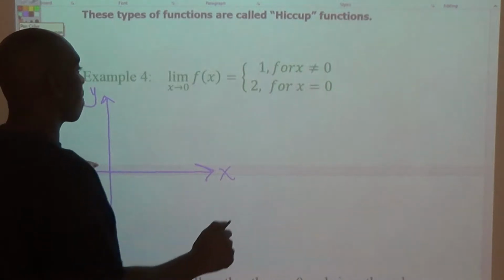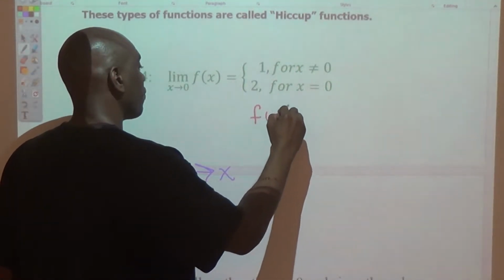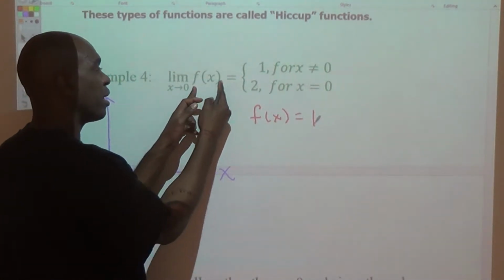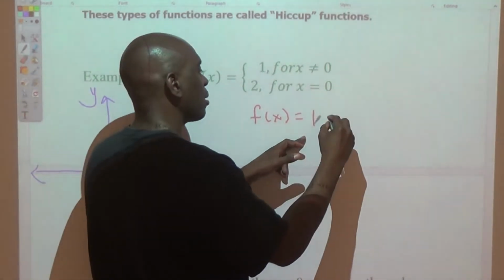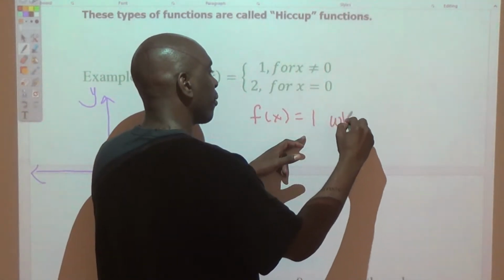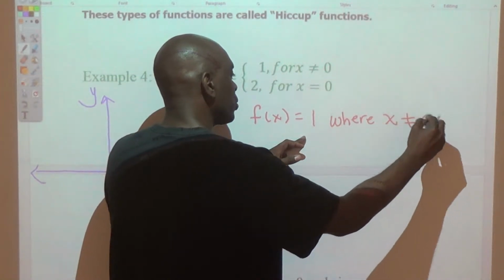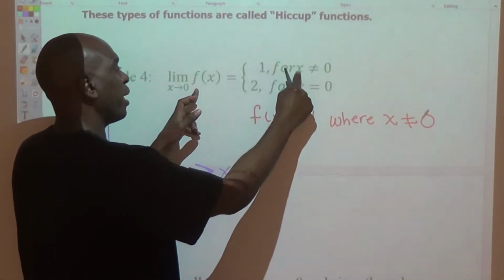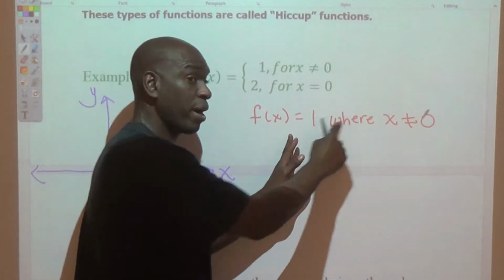So first let's consider f of x equals 1. See? F of x equals 1, where x does not equal 0. F of x equals 1 for x not equal to 0. There you go.